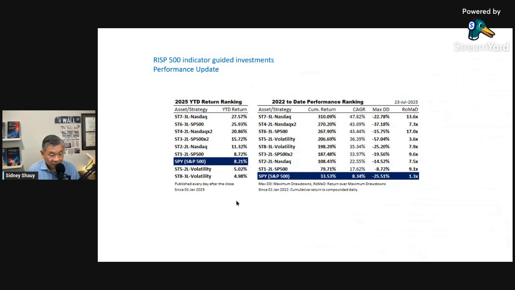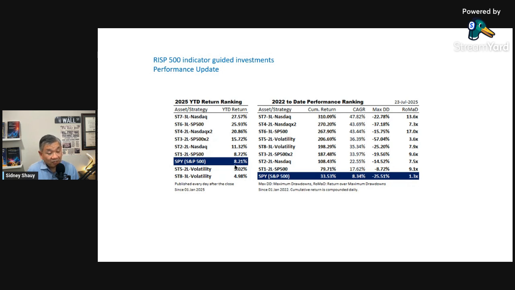Before we start, let's just review real quick. What's the picture of the performance of our eight strategies compared to the S&P 500? As you can see, the S&P 500 is now firmly in positive territory, been going up since after the liberation date.